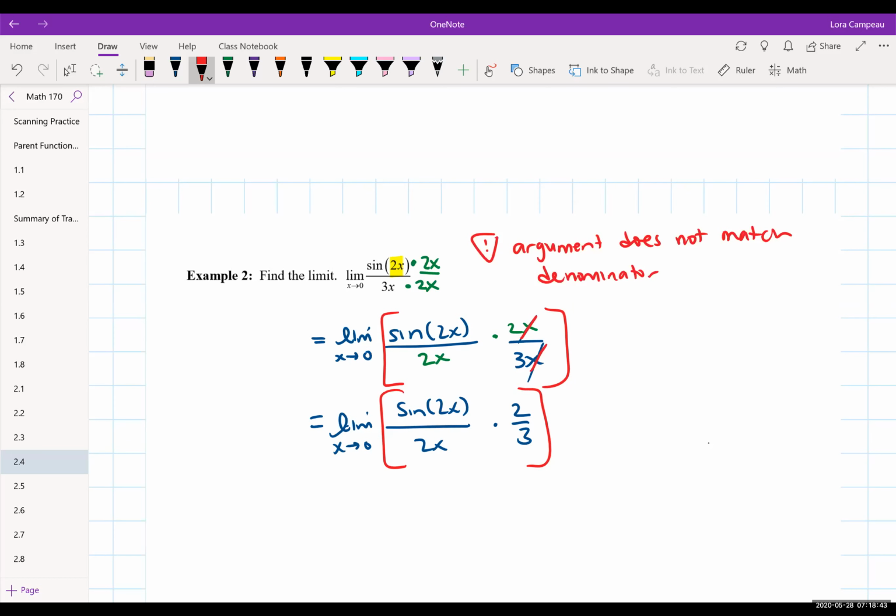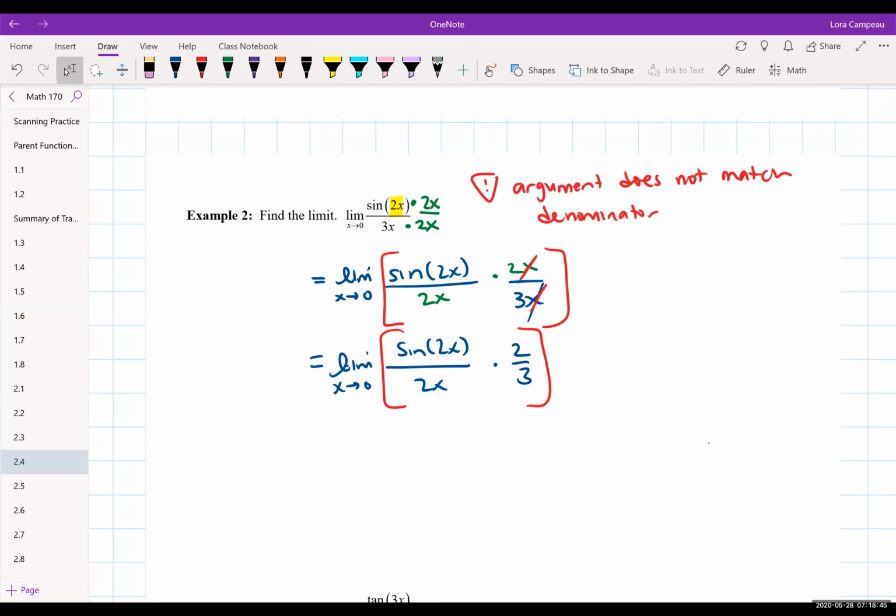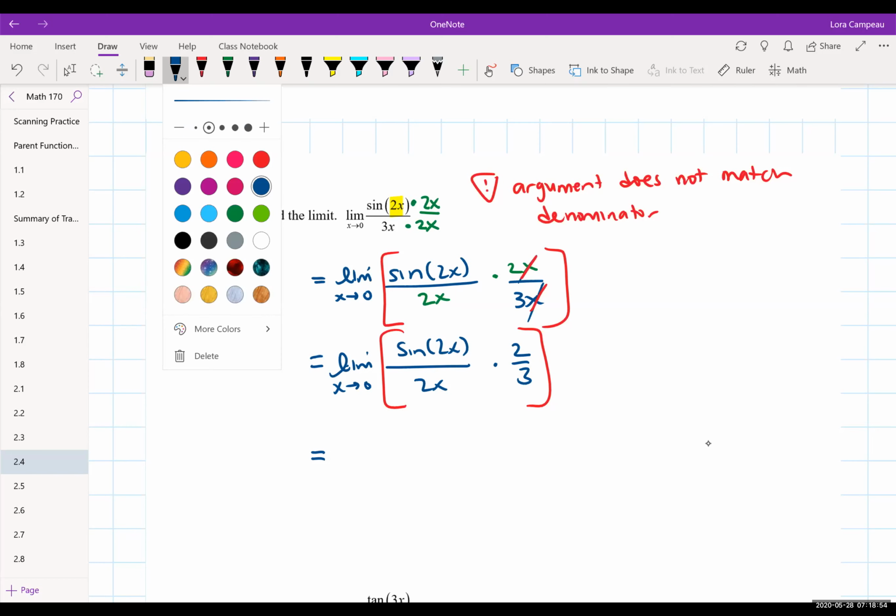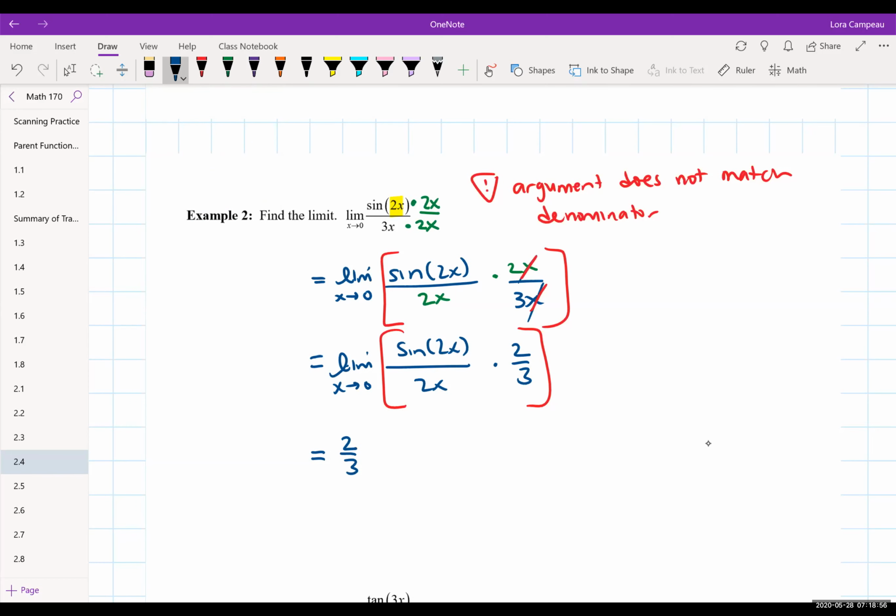And so if we have the limit of a function times a constant, we are allowed to pull that constant out. So in our case, the constant was the 2/3. And then that's multiplied by the limit of sine of 2x over 2x as x approaches 0.